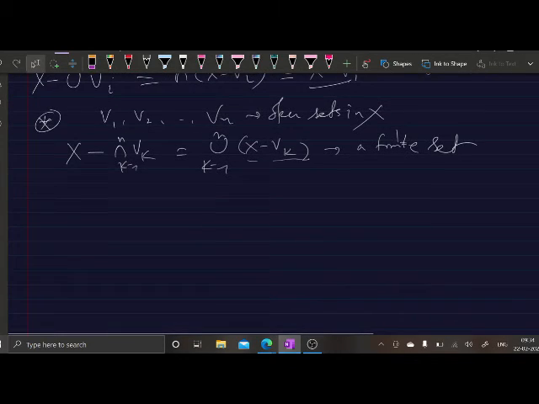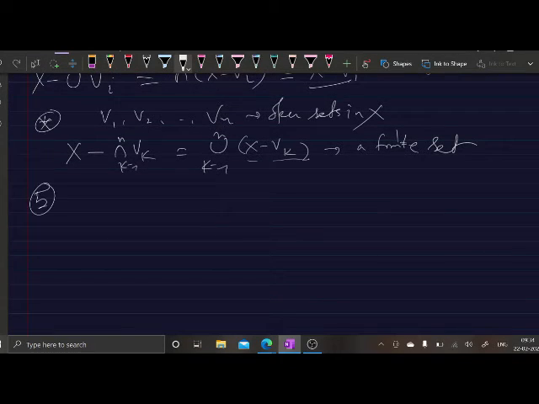The next example we will do: let us consider the set of all reals, and we have already defined a metric on R, the usual metric, and with respect to the usual metric you can define the metric topology. But let us start from the collection of subsets of R like this.